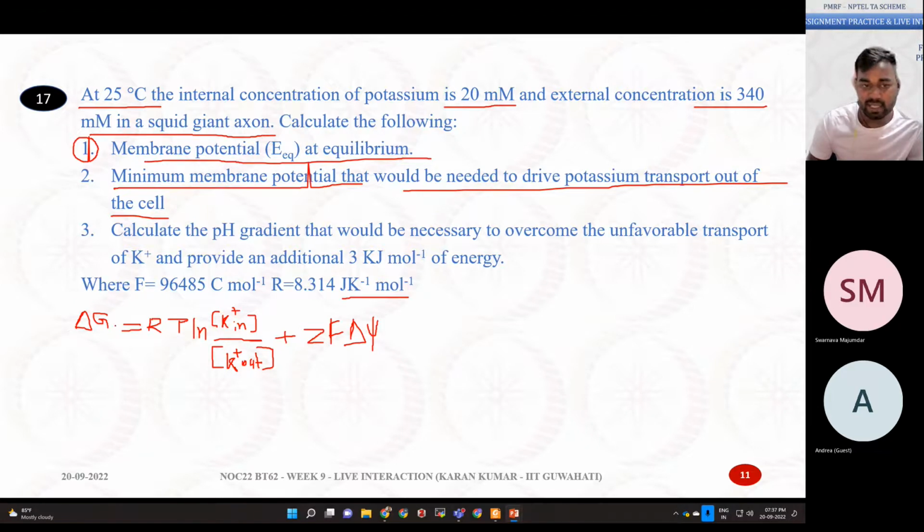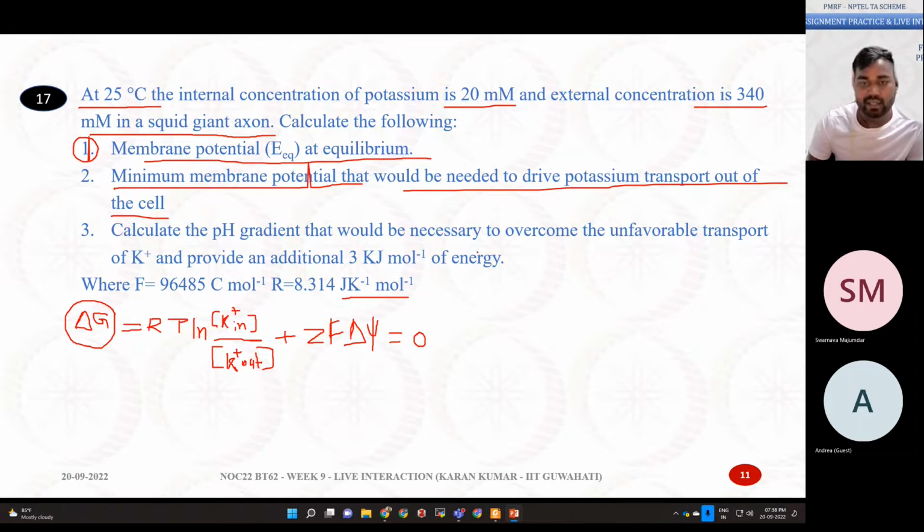The membrane is static, there is no import, no export. So the change in Gibbs free energy will be 0. That means RT ln K plus in by K plus out plus ZF delta psi will be equal to 0. This is the first thing you need to do after seeing that there is an equilibrium.